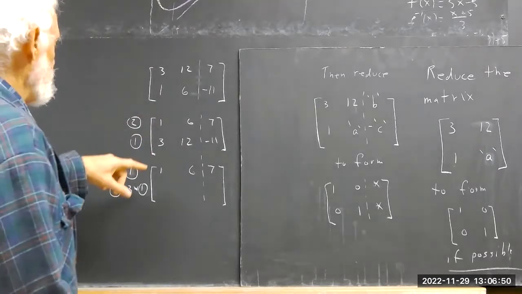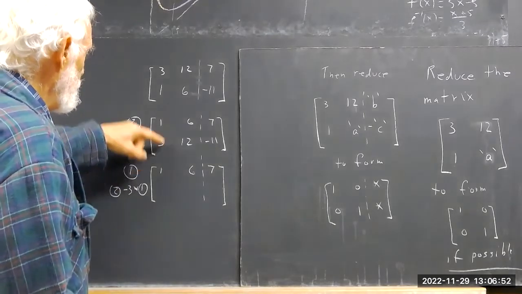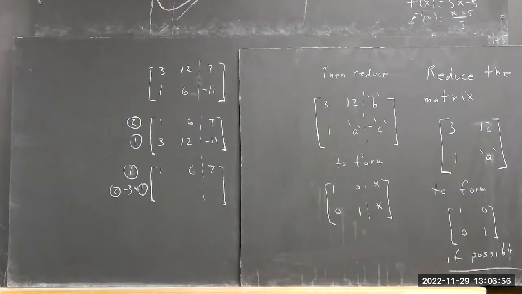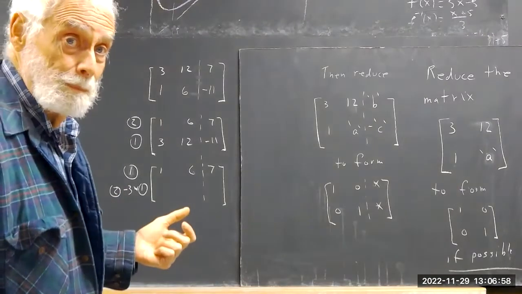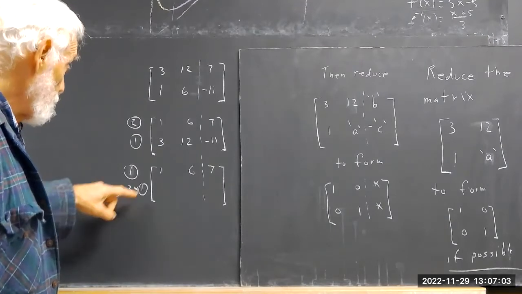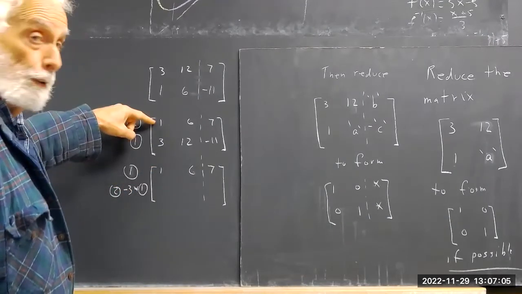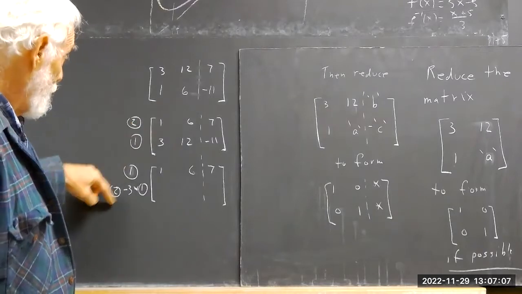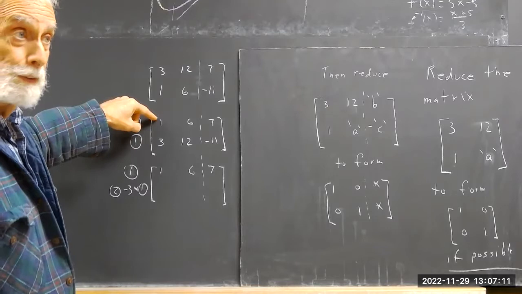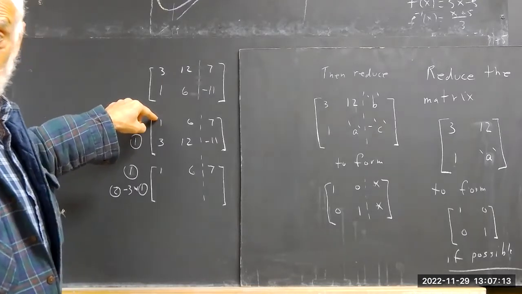So I want to do row 2 - 3 times row 1. And that's pretty easy. All I do is -3 times the number here and add it to the number here. So -3 times 1, you're going to tell me it's -3.